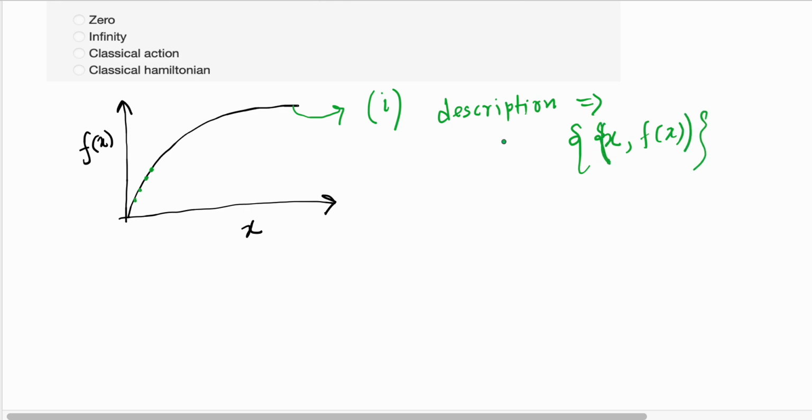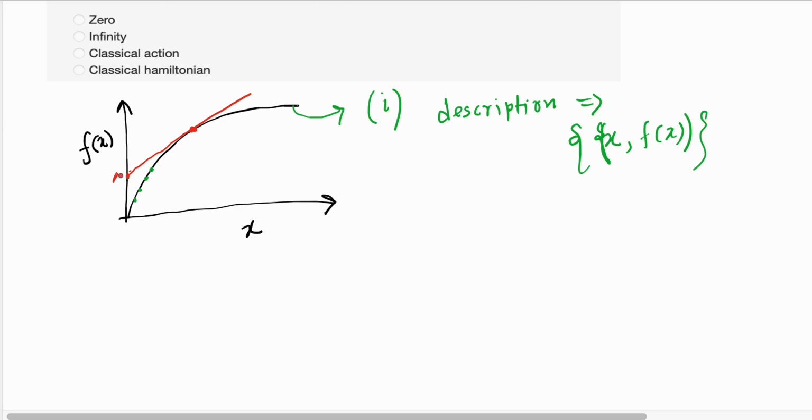And there is another way of description, which is you just mention, if I draw a tangent to this point, what is the inclination of this tangent line, and what is the intercept, that means where it cuts the y axis.